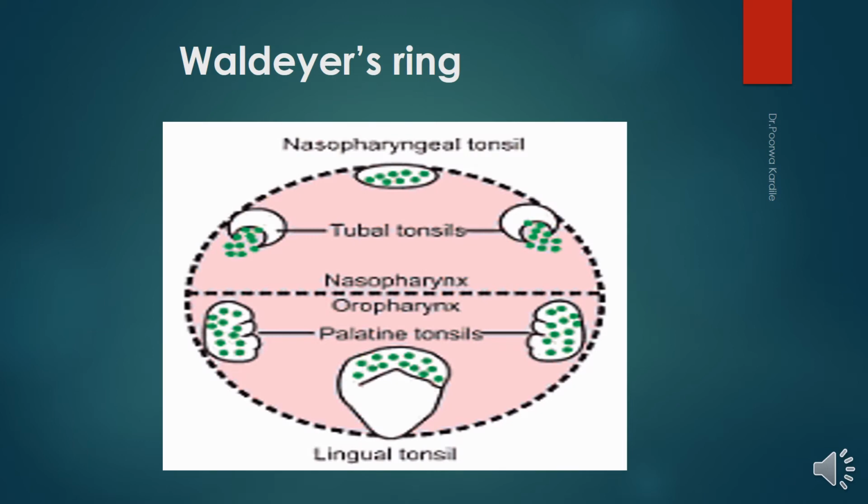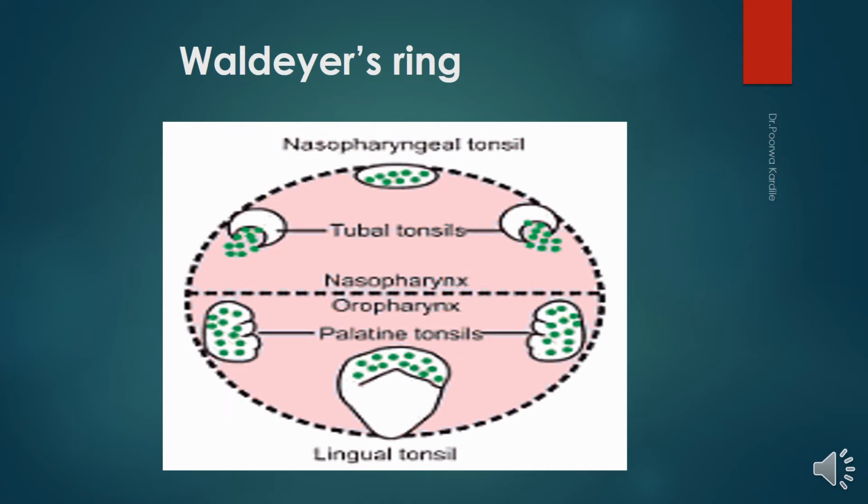In relation to the nasopharyngeal isthmus, there are several aggregations of lymphoid tissue forming Waldeyer's lymphatic ring, which forms a defense system to prevent spread of infection from the oral, nasal, and respiratory tract. Laterally, there are the right and left palatine tonsils, superiorly the nasopharyngeal tonsils, and inferiorly the lingual tonsil.